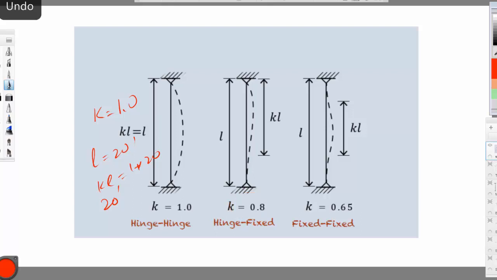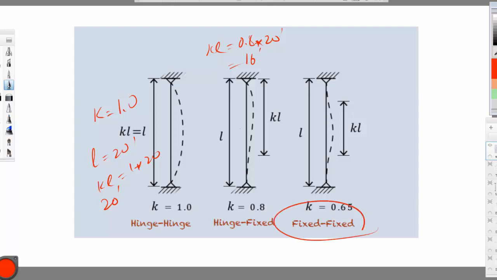If you have, for example, 20 here also, then KL, the effective buckling length, is equal to 0.8 multiplied by 20 feet, which is equal to 16. So that will be the length that we should be dealing with for buckling.